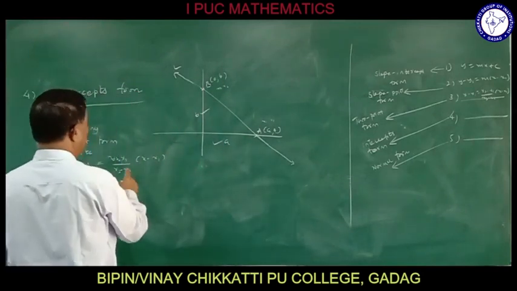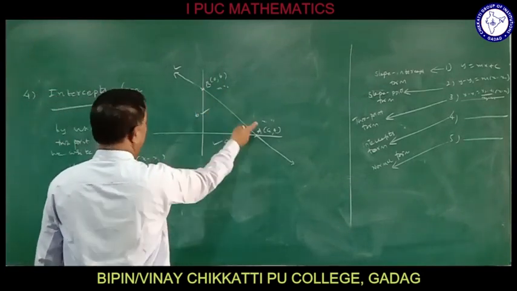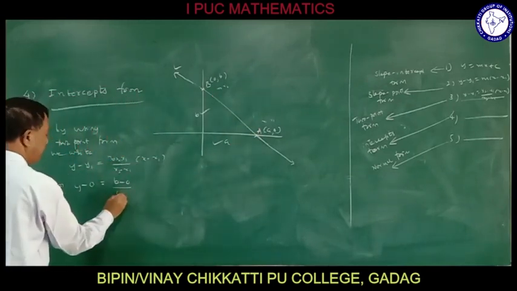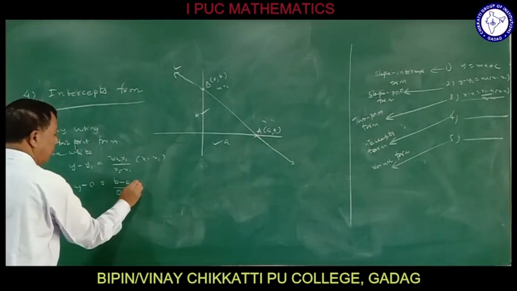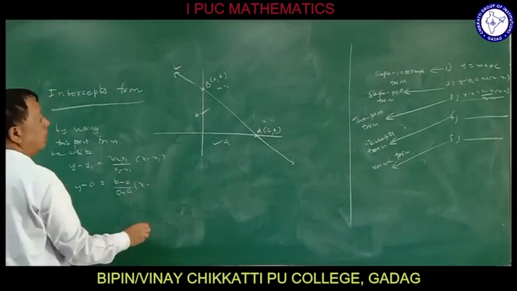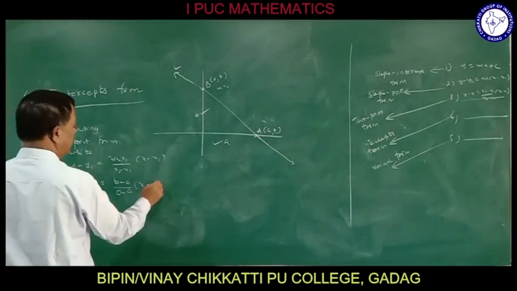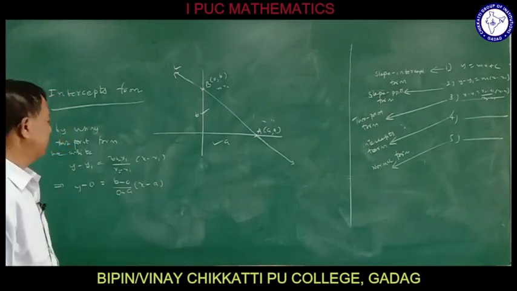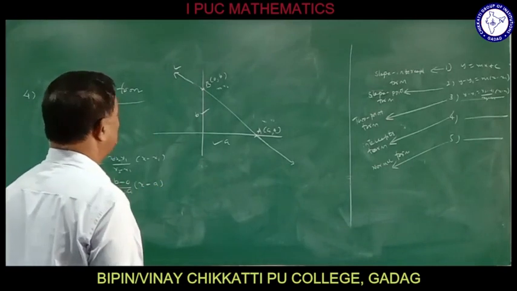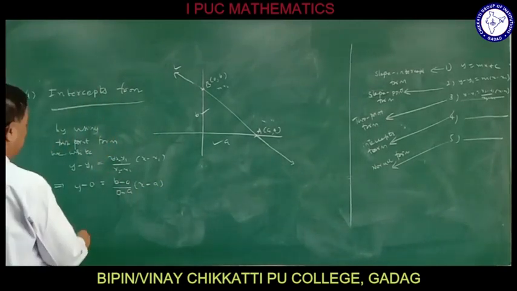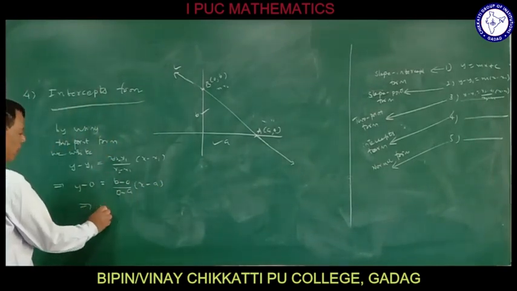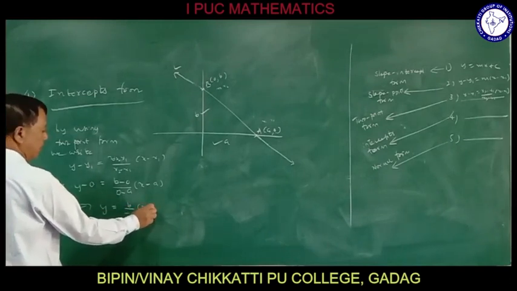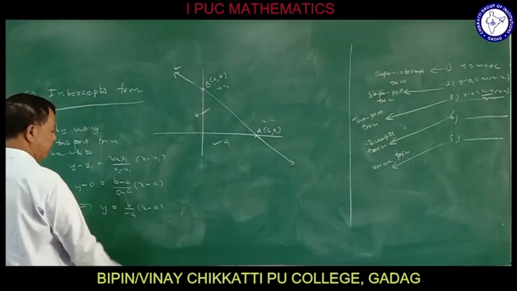See, first we have y2 minus y1, b minus 0, x2 minus x1, 0 minus a, into bracket x minus x1, where x1 is a. Now you have to simplify this. See the simplification: y is equal to b divided by minus a, into (x minus a), we write.